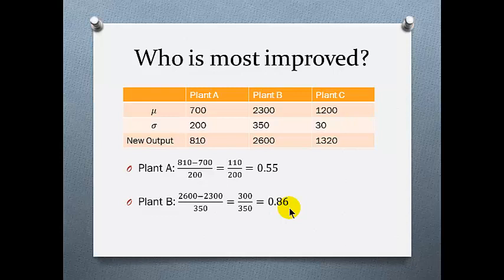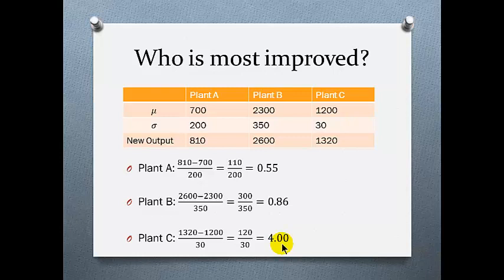But what about plant C? Plant C, if we take the data value of 1,320 and we subtract the mean of 1,200, we get 120 divided by the standard deviation of 30, and they have increased 4 whole standard deviations. Remember the empirical rule? 99.7% of my plants are within 3 standard deviations.